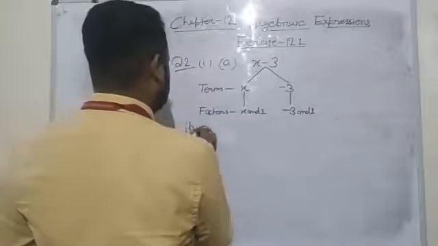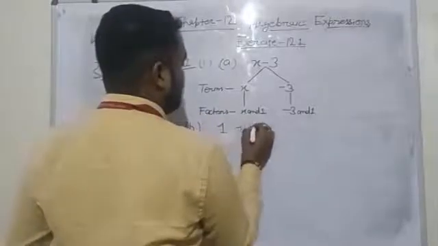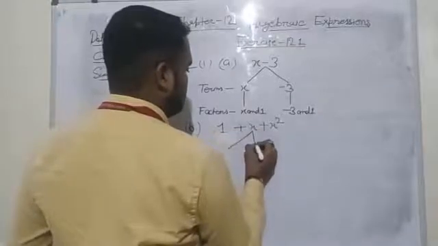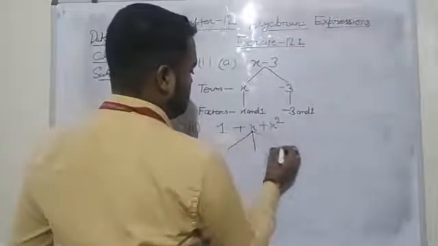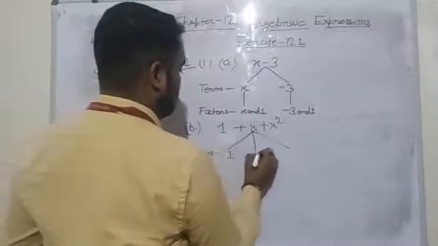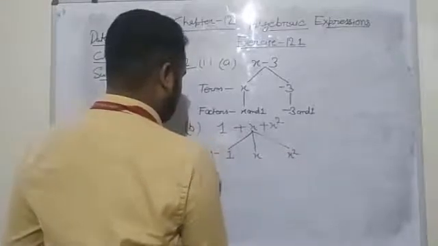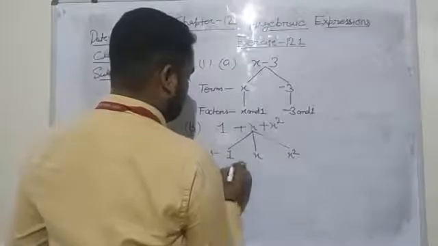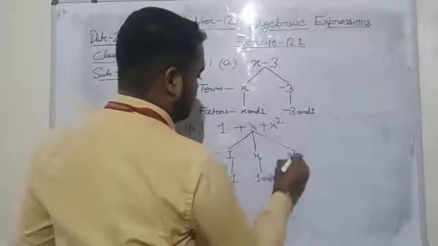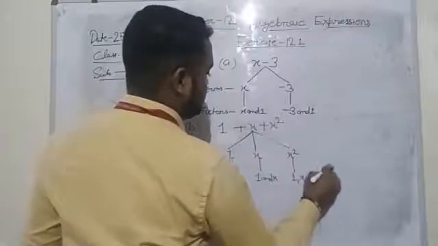And b part, 1 plus x square. So here the terms are 1 and x square, and the factors for 1 are 1, and for x square, x and x.